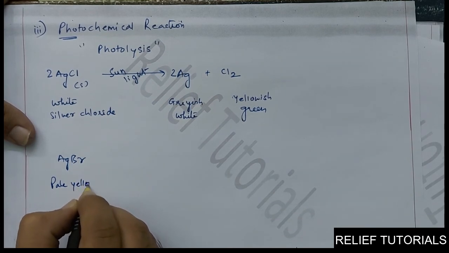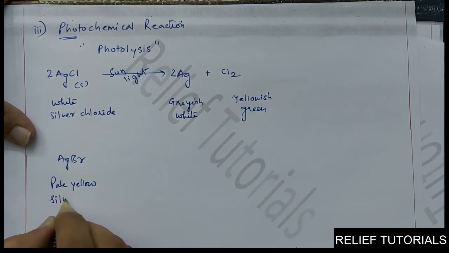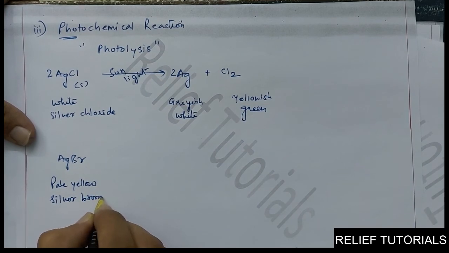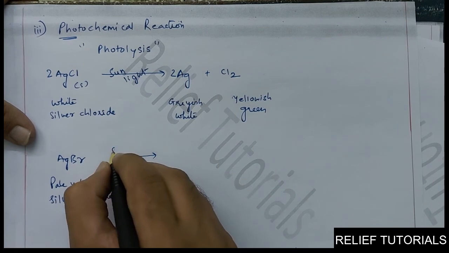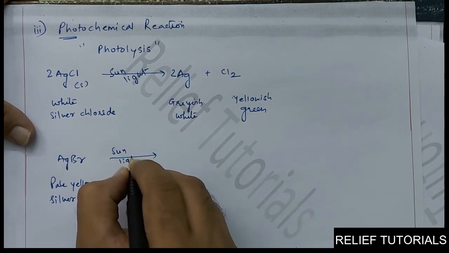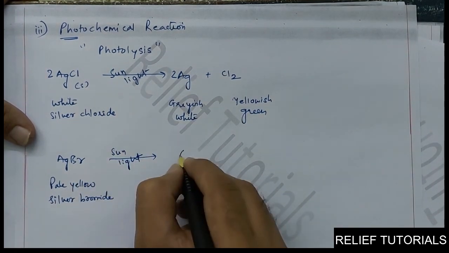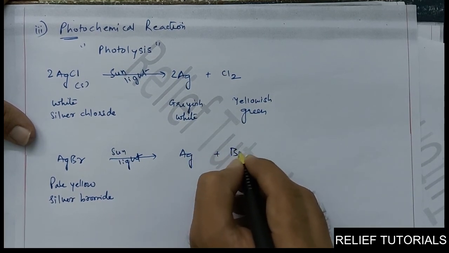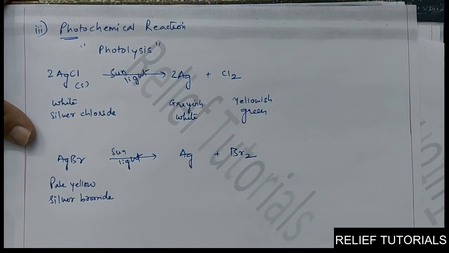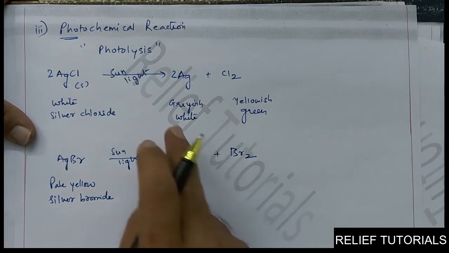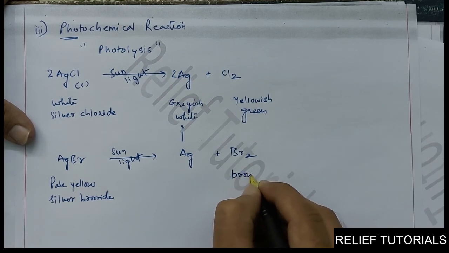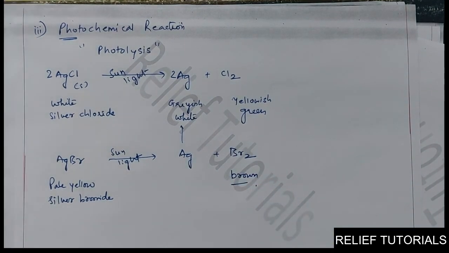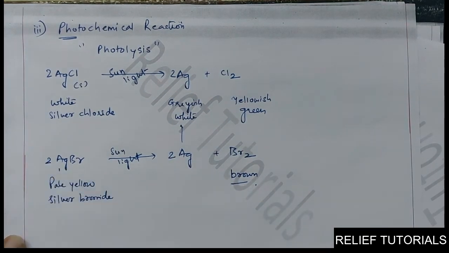Pale yellow colored silver bromide is again decomposed when it is exposed to sunlight. Silver and bromine get separated. Silver is again the same grayish white color, and bromine, as per the name, is brown in color. This way again you can make it balanced by writing 2 like this.